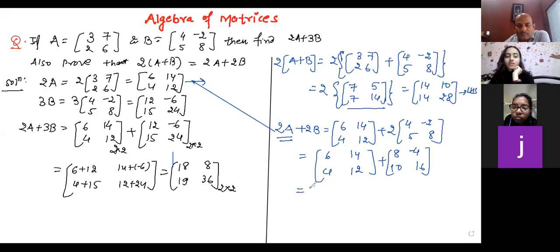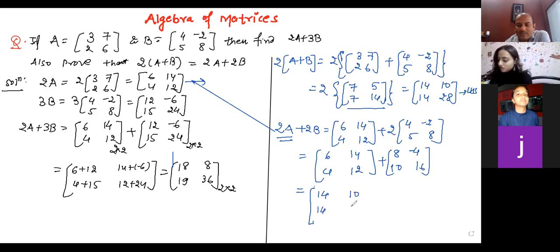Okay, sir, thank you. Now directly going for the addition of the two matrices, elements of the respective positions are getting added. So 6 plus 8 is 14, 14 minus 4 is 10, 4 plus 10 is 14, 12 plus 16 is 28, which is equal to RHS. Now I can see that LHS is equal to RHS and hence it is verified.